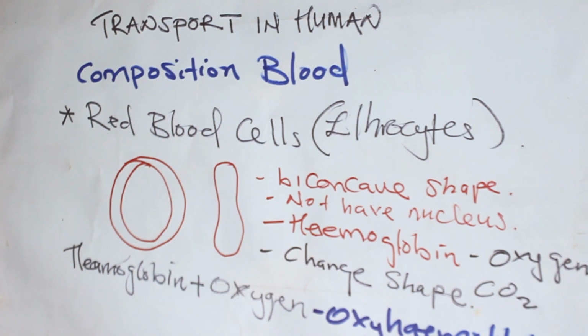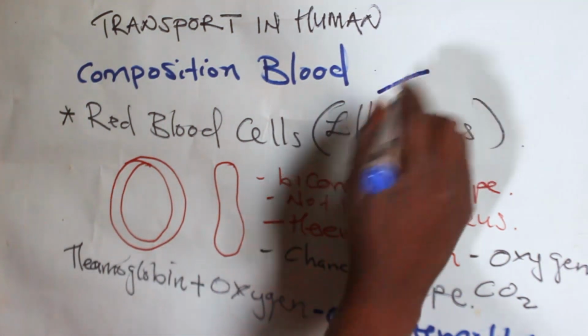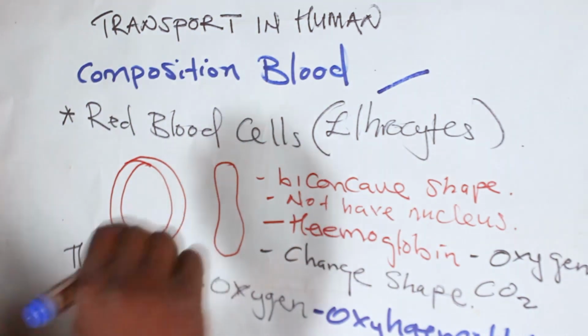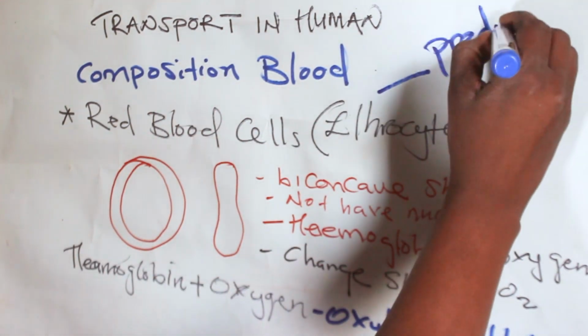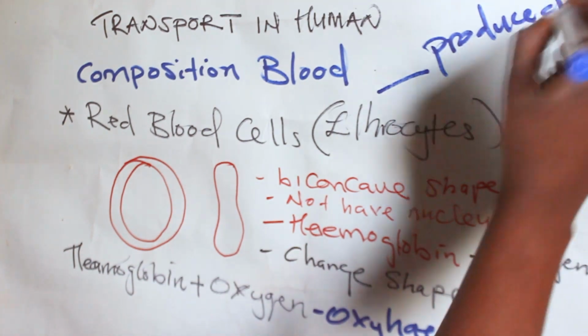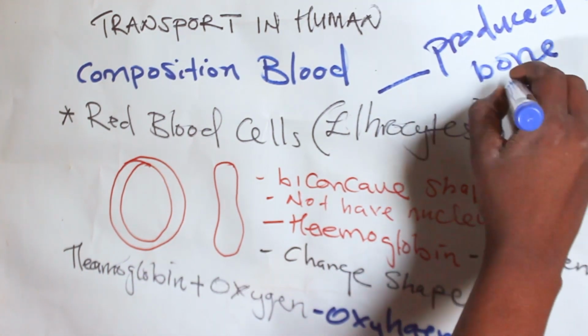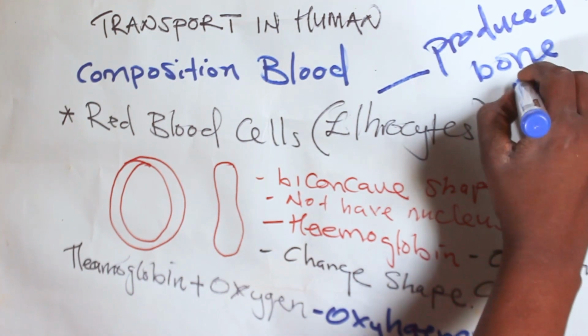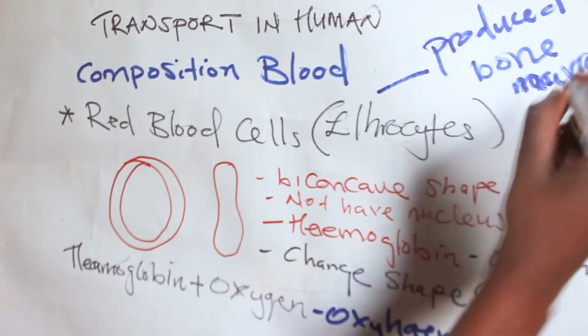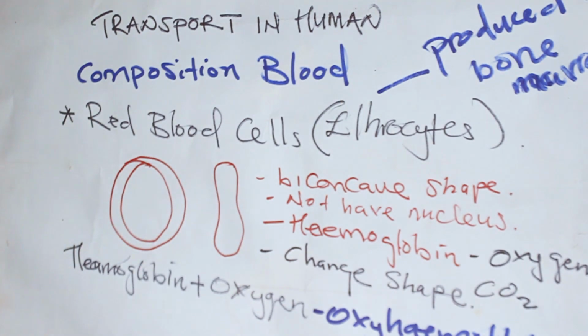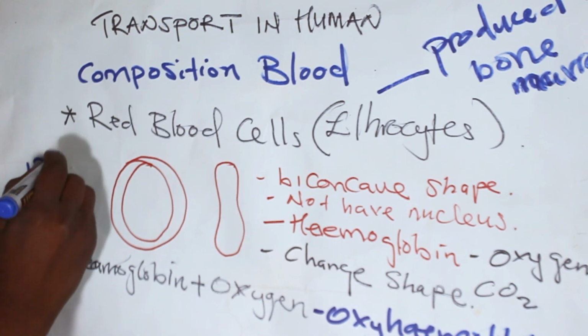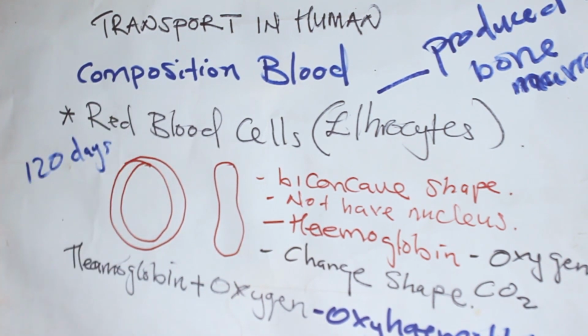Now, one thing that you should know about the red blood cells is that they are produced in the bone marrow. Also, the lifespan of these red blood cells is only 120 days.